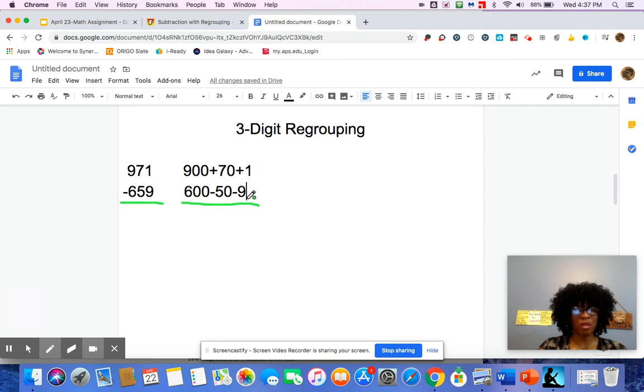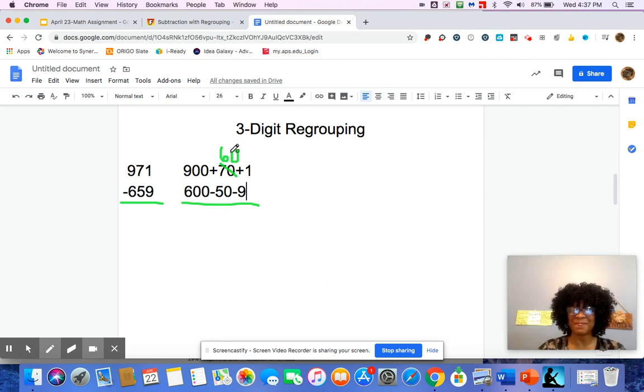So we have the 1 minus 9, which we already said we can't do. So what we're going to do is go to the next place value, which we know is our tens place value. And so we're going to borrow a 10. So when we borrow a 10 from here, we're going to cross that out, and that becomes 60, because we've taken that 10 away.